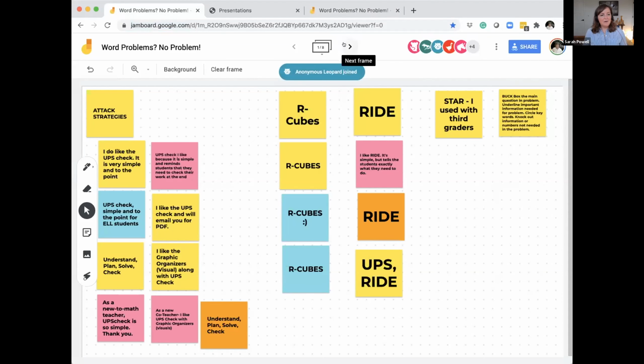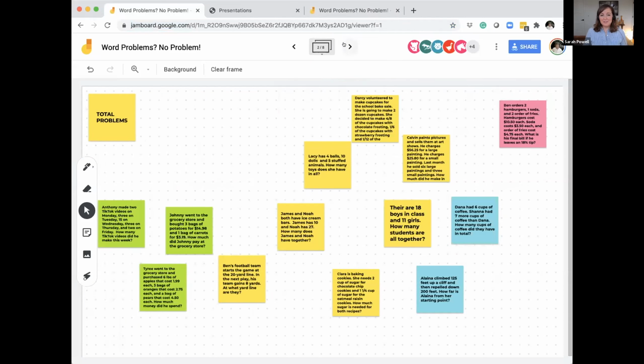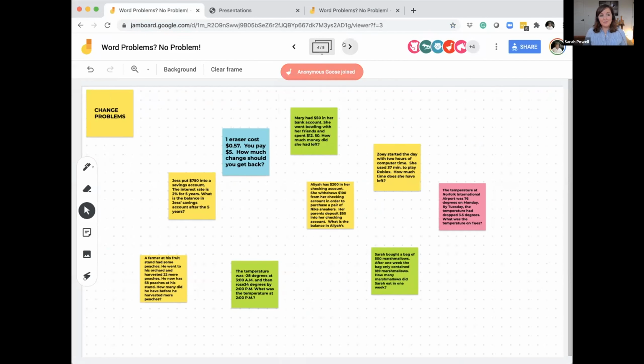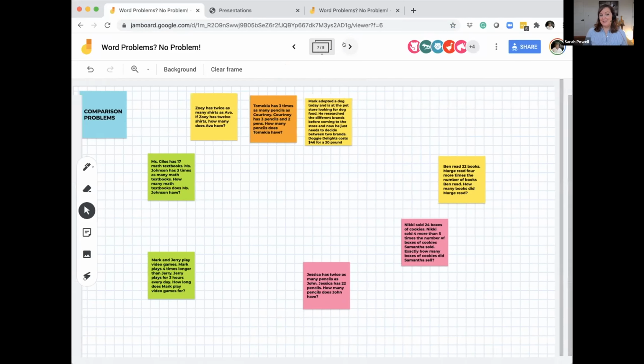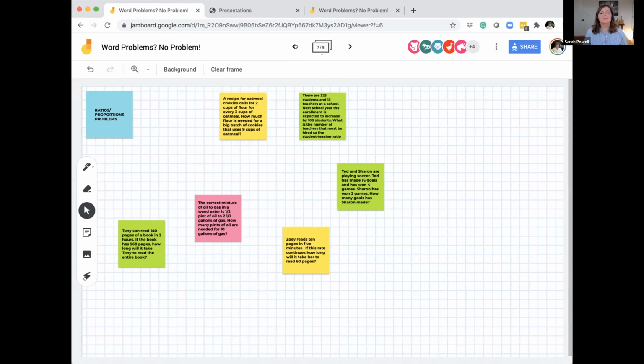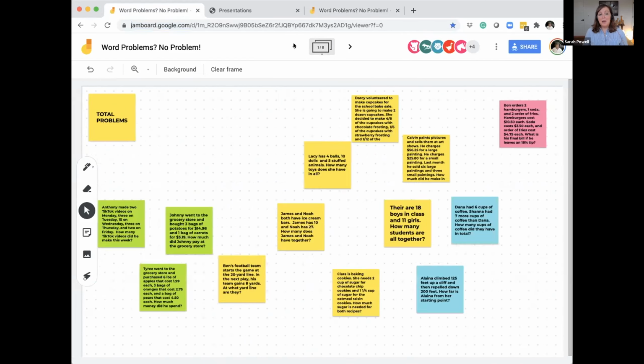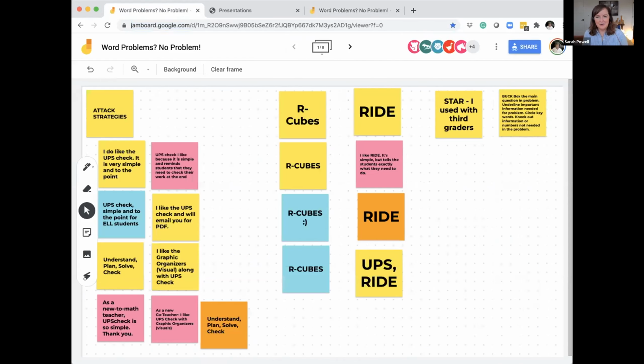And then if you want to say, hey, what are some example total problems or difference problems or change problems or equal groups and comparison or ratios and proportions problems, all of that information is there for you to borrow and use in your own teaching. So I like the Jamboard for just a good generation of ideas.